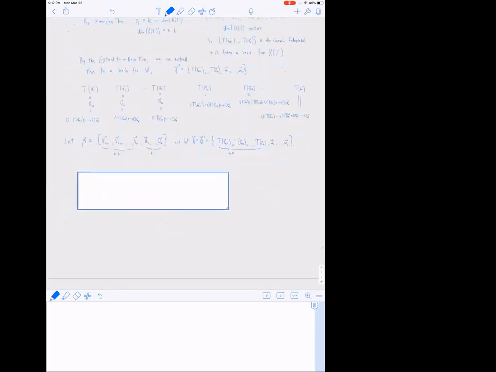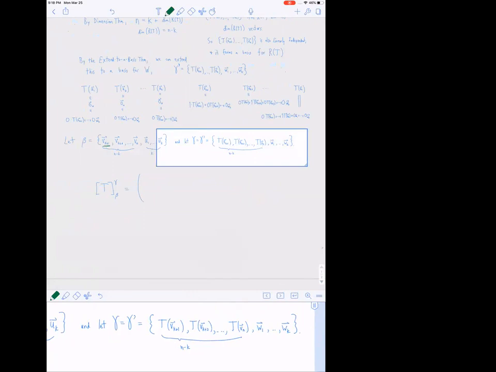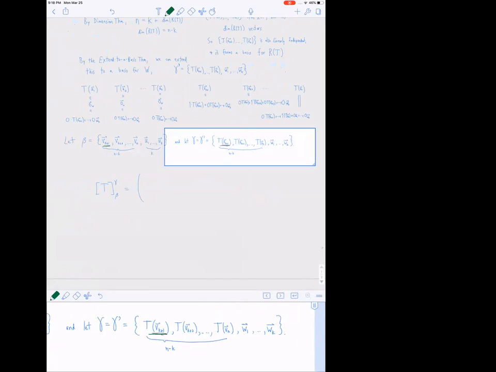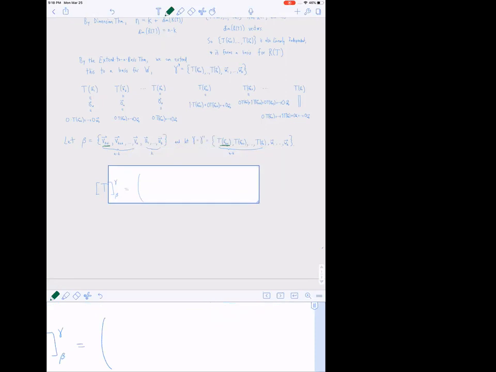Then when we go to write down the matrix for T with respect to this basis beta and this basis gamma, we're going to observe that T applied to the first basis element v_{k+1} is going to be T of v_{k+1}, which is 1 times this guy and then 0 times the rest. So we're going to have the column 1, 0, 0, 0 all the way down.